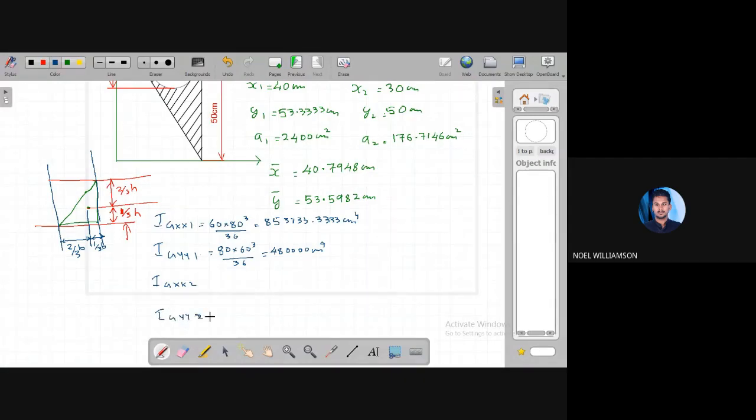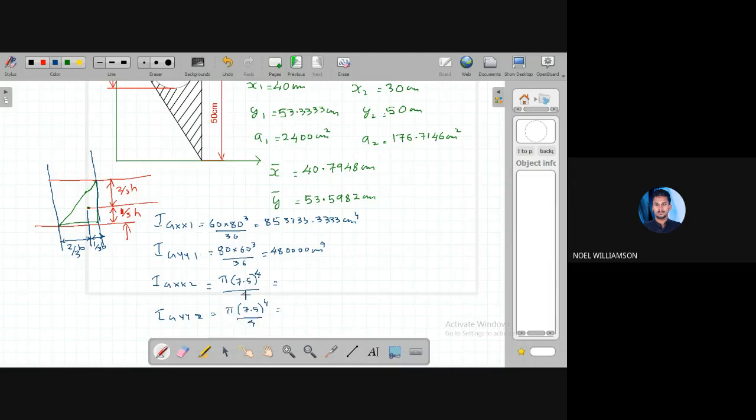IGYY2. These are for the circle, and for the circle it is pi r raised to 4 by 4. Pi into, here r is 7.5, so 7.5 raised to 4 by 4. Same here, 4 by 4.